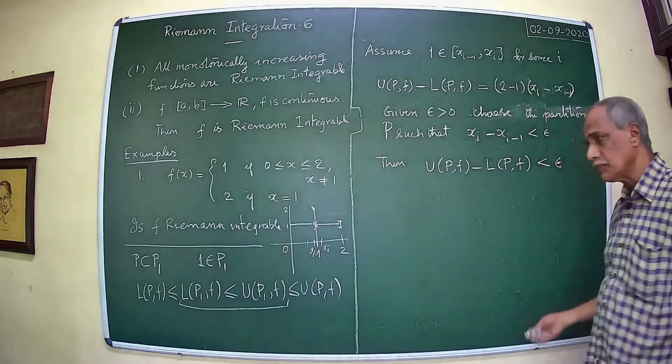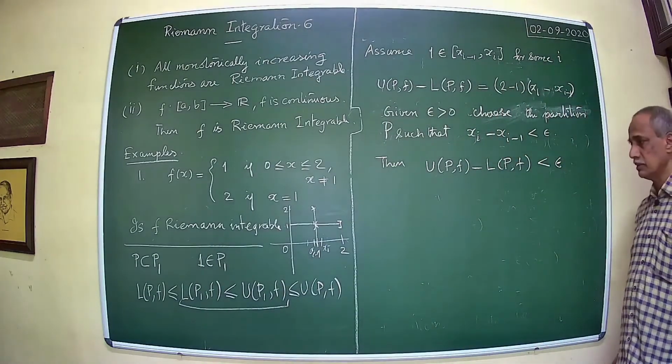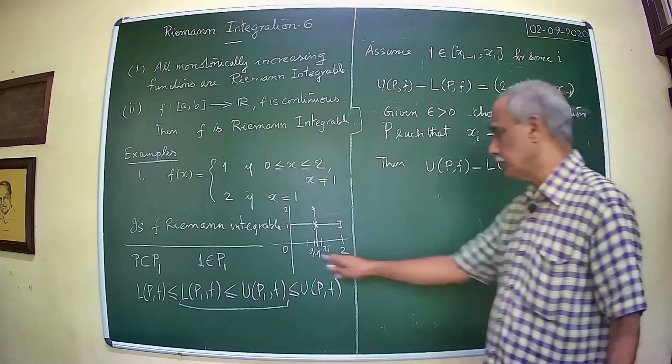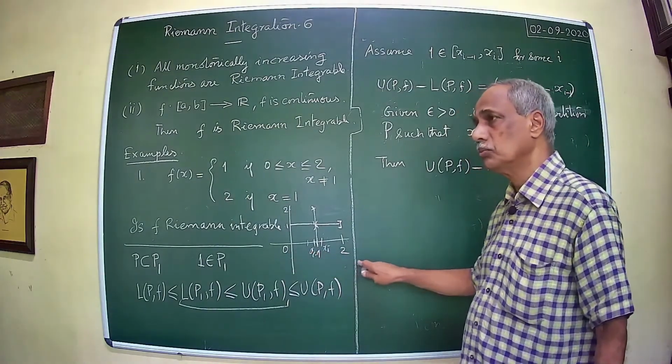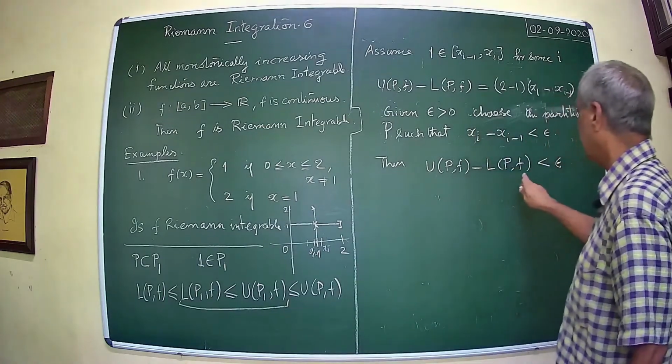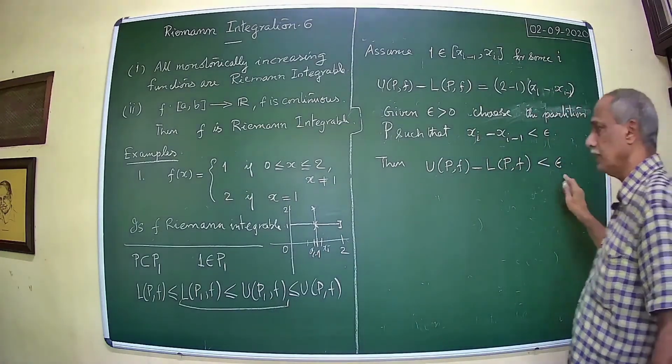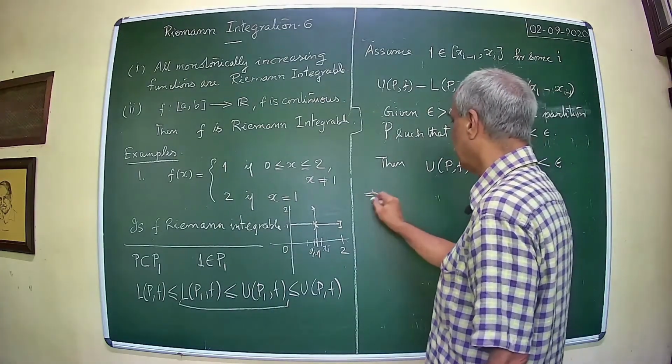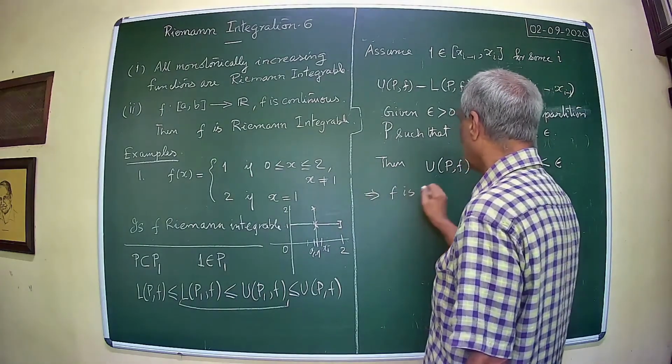So we have successfully got a partition of the interval 0 to 2 such that U(P, f) minus L(P, f) is less than epsilon, which implies f is Riemann integrable.